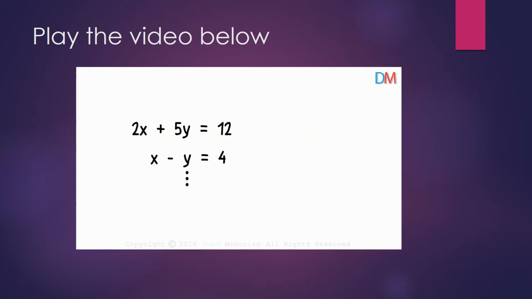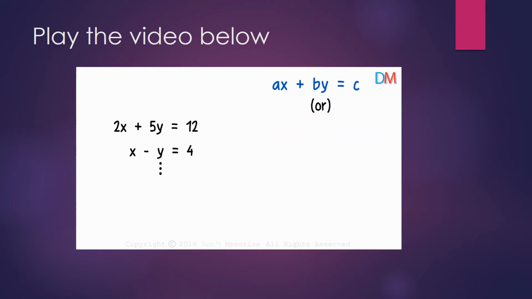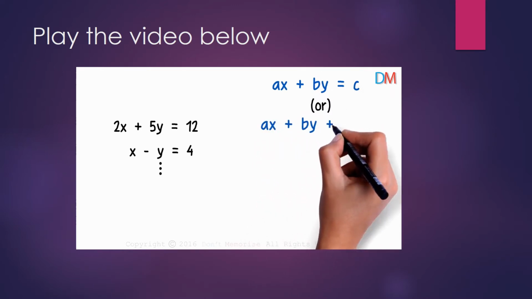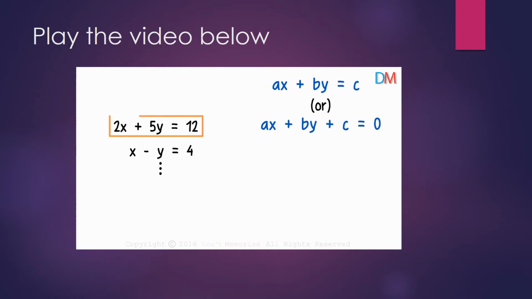We can say that a linear equation in two variables is of the form ax plus by equals c, or sometimes it's also written as ax plus by plus c equals 0. Both are correct. For example, the first equation can also be written as 2x plus 5y minus 12 equals 0.